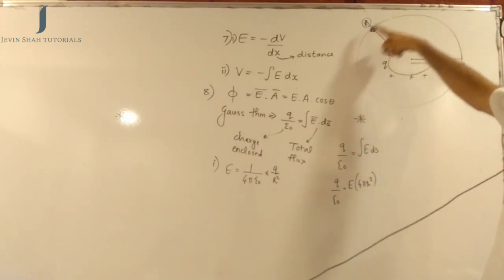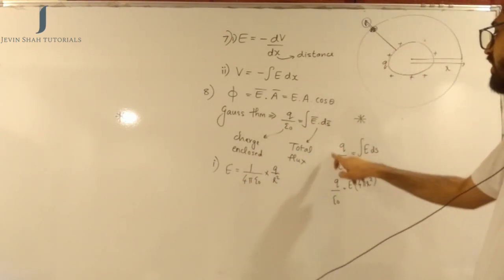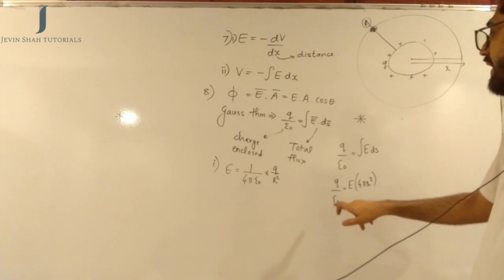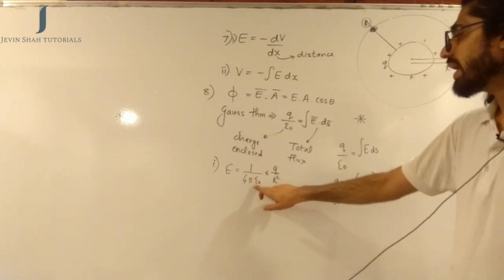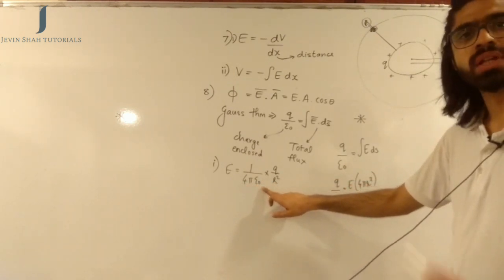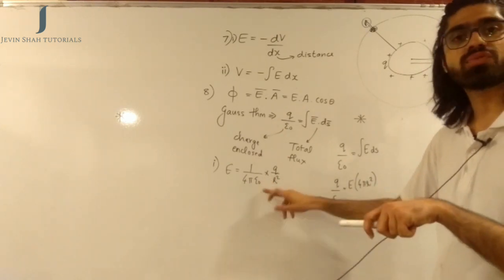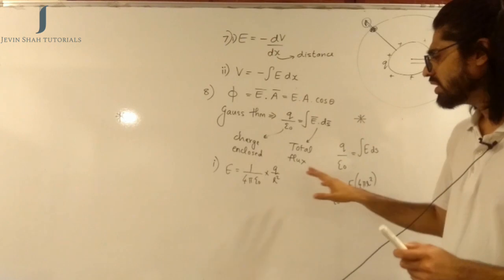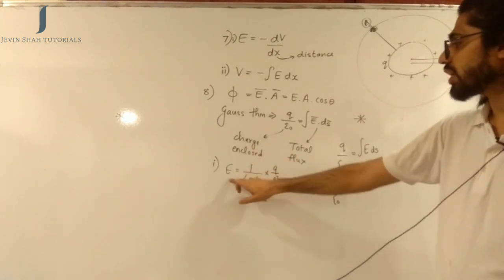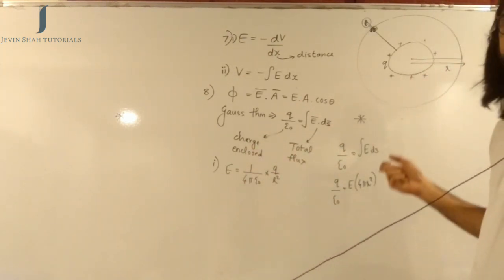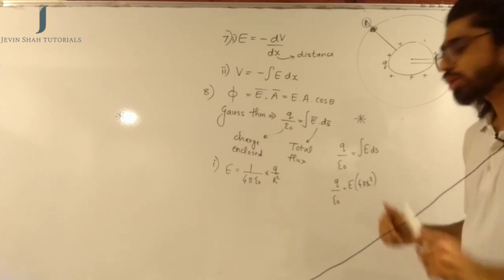Because it is k epsilon naught, I would have had 4 pi k epsilon naught over here as well. So not much of a difference in that k epsilon naught formula. So that's how you derive the formula for E for a sphere having a uniform charge distribution Q.